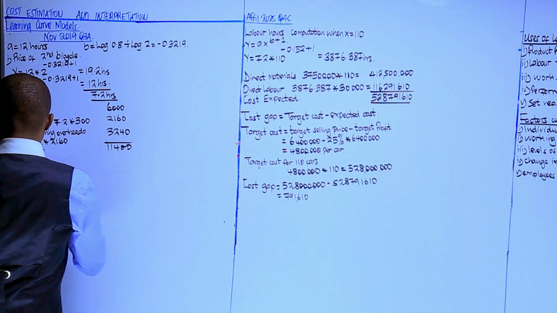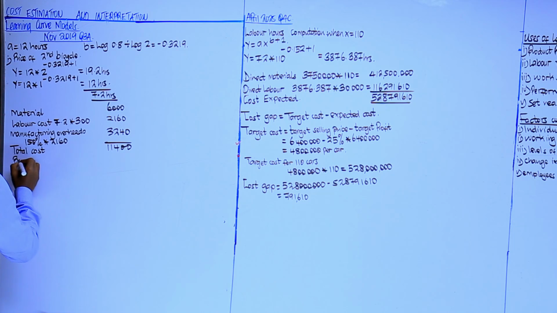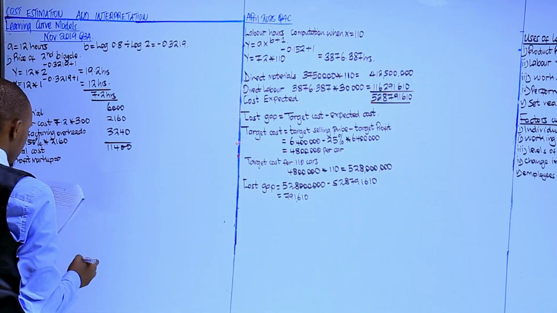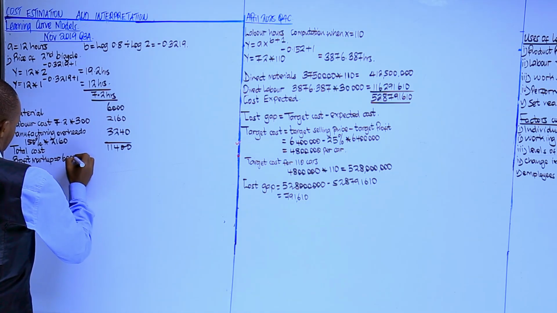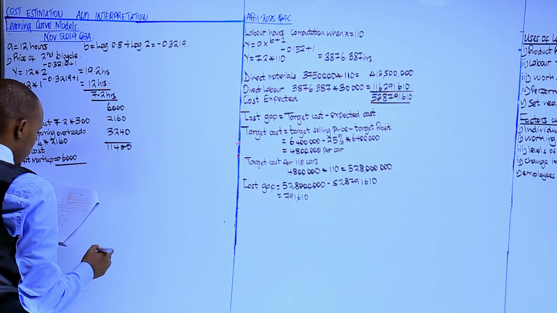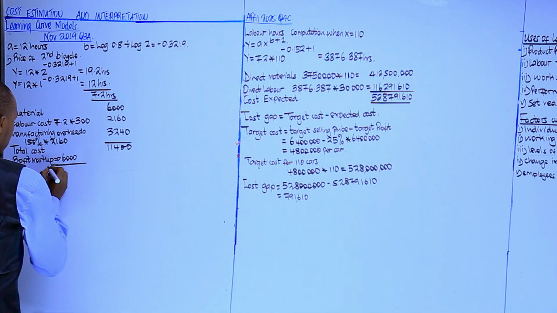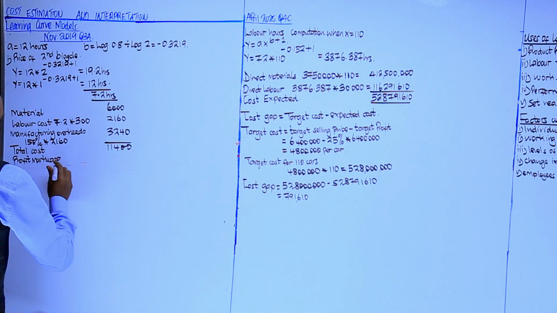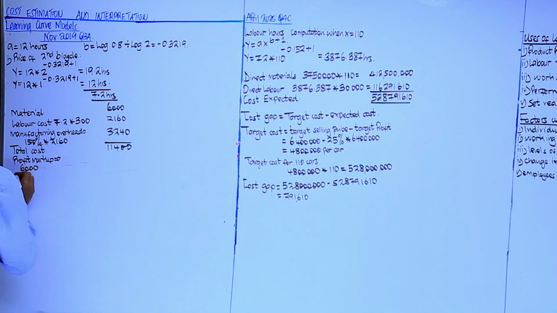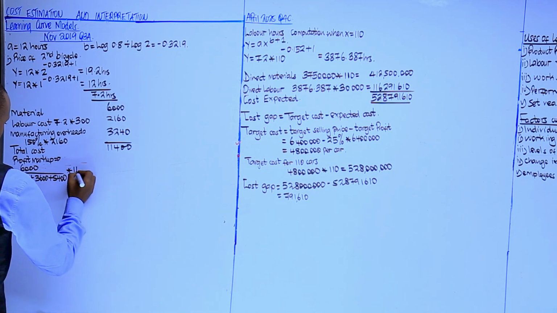Then you need to add a profit markup. Your profit markup will be 6,000 divided by the total cost of the first bicycle, 6,000 plus 3,600 plus 5,400, times 11,400.